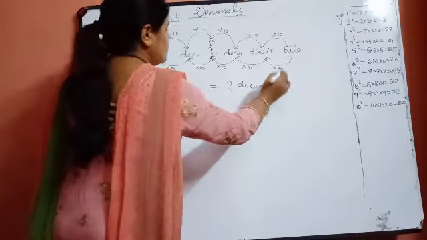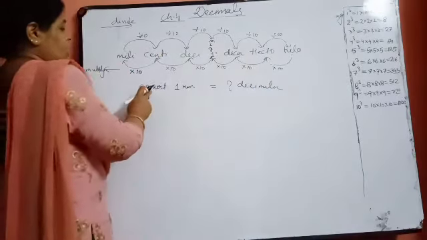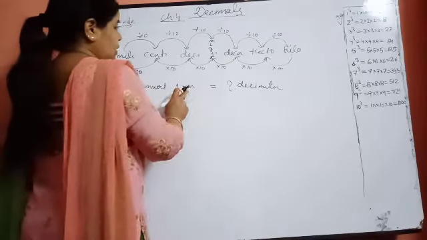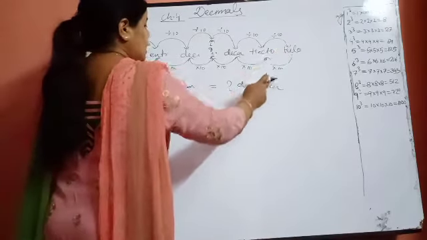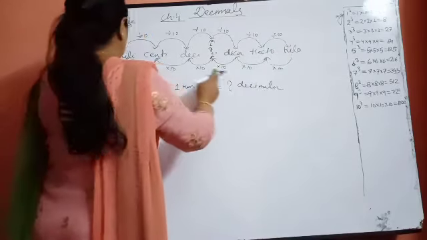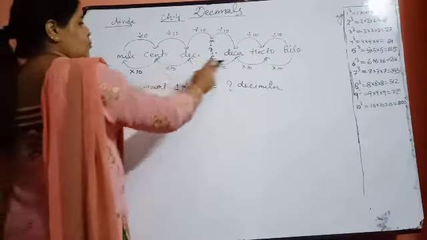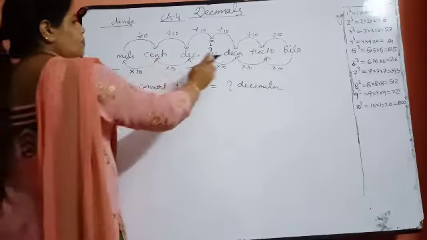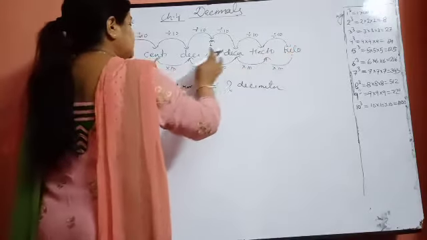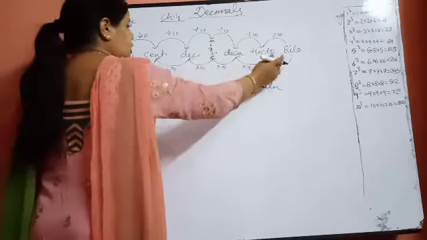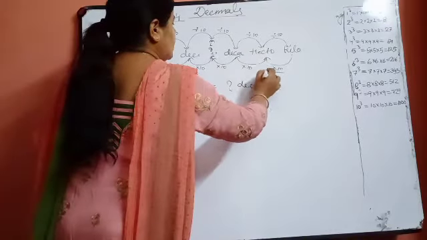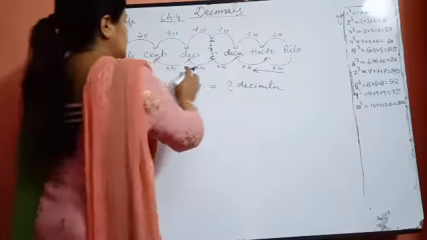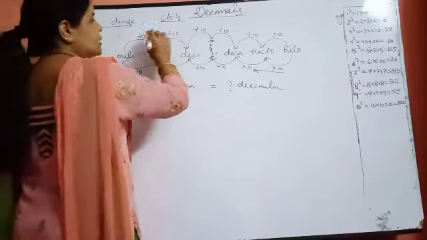Now you can see, beta, what I told you: kilometer is here, and we have to come to decimeter. From where can we come? We can come from this direction, because kilo is in that direction and deci is in this direction. So in this way we will come. This is for coming in this direction and this is for moving in that direction.